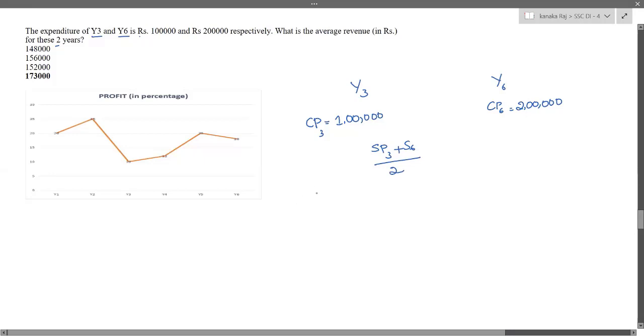So now, how do we find out the selling price? We know that if the profit is given, we can easily find out the selling price. What is the profit percentage for third year? Third year profit percentage is 10%. So I can write my selling price as 110% of cost price. What is cost price? 1 lakh.